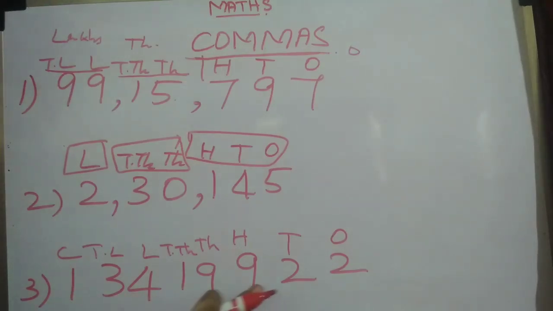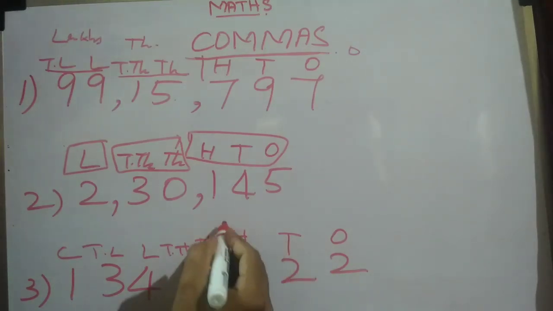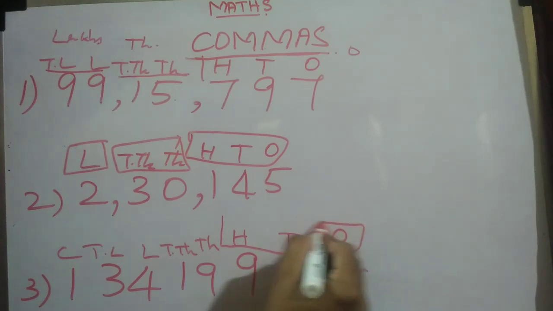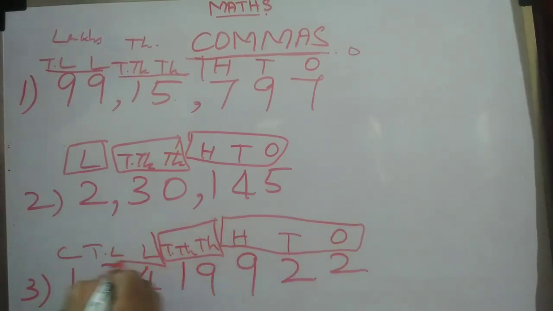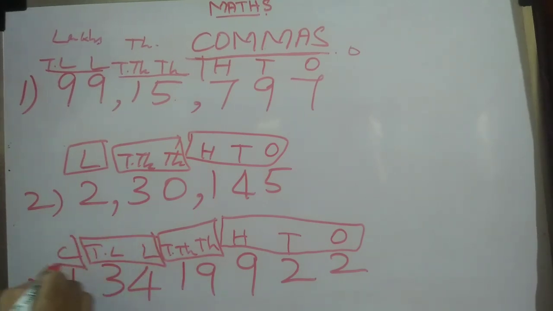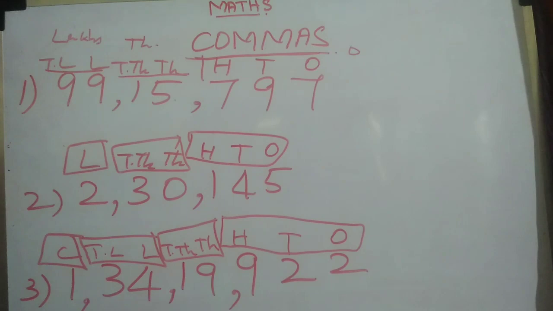Each group is separated by a comma. Hundreds, tens, ones is the ones group. Thousands, 10,000s is the thousands group. Lakhs, 10 lakhs is the lakhs group. Crore is the crores group. 1 comma 34 comma 19 comma 922. 1 crore 34 lakhs 19,922.